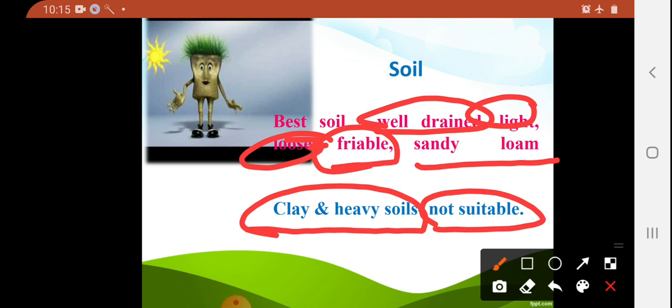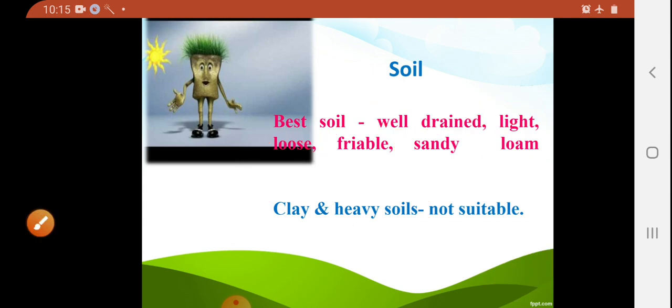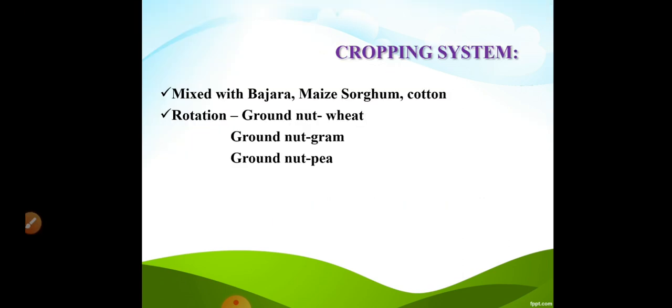If we don't have sandy loam type of soil, and we have clay or heavy soils and want to cultivate this groundnut crop, then we can choose the broad bed furrow technique given by ICRISAT. It may be helpful for these kinds of soils also. Okay, so this is all about soil requirement of this groundnut crop.